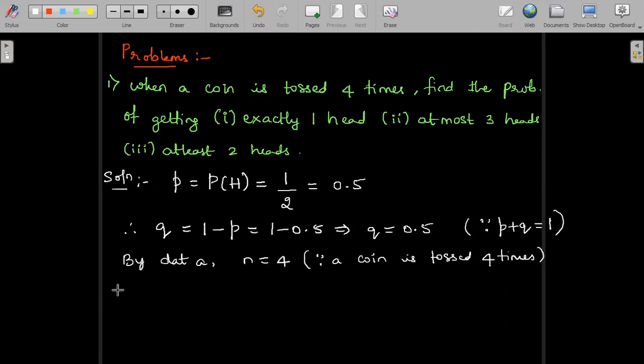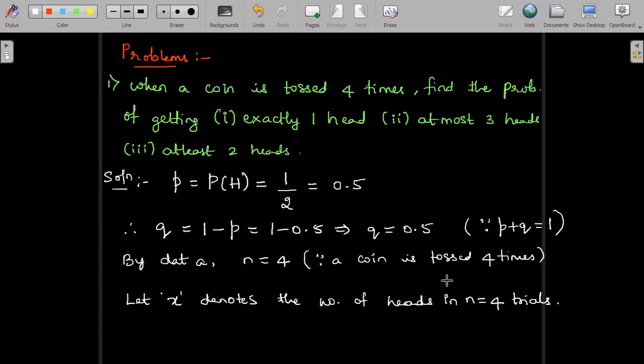Now let us assume that X denotes the number of heads in N is equal to 4 trials. We are assuming X as the number of heads turning up in 4 trials.